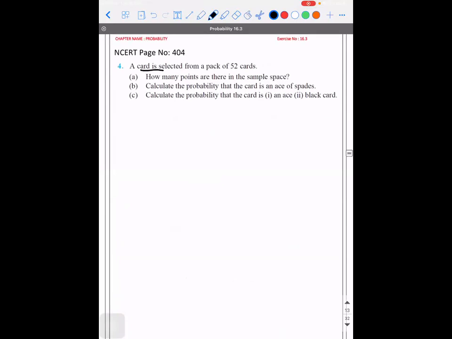Next. A card is selected from a deck of 52 cards. How many points are there in the sample space? It is 52, that's it. Number of elements in the sample space is 52. So this is over.